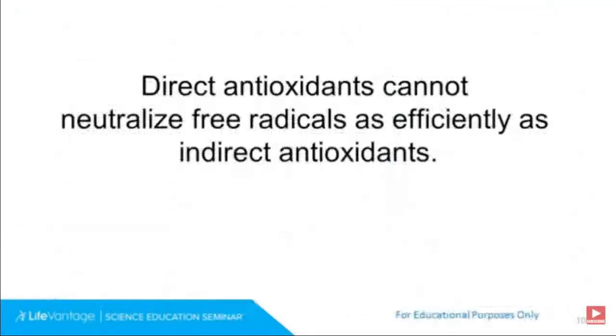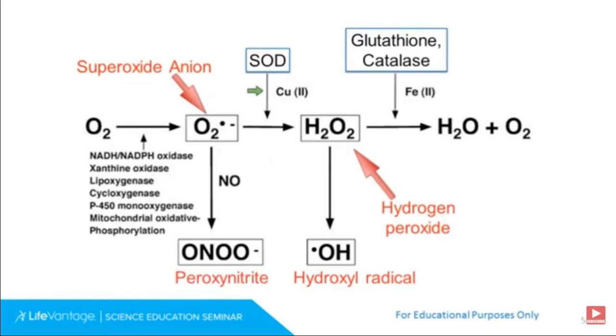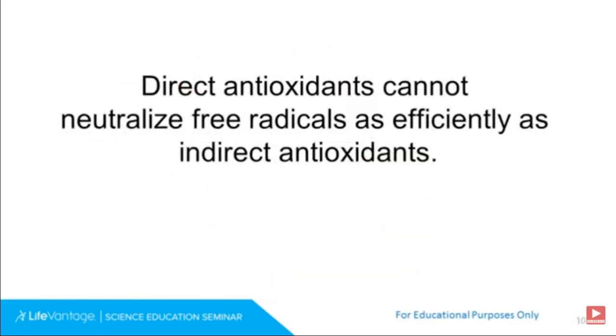So what we've learned is that these direct antioxidants cannot neutralize free radicals as efficiently as indirect antioxidants. And the indirect antioxidants are the SOD, the glutathione, the catalase, and hundreds of other compounds. And these are actually antioxidant molecules that your own body makes.